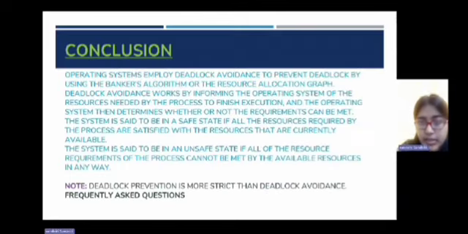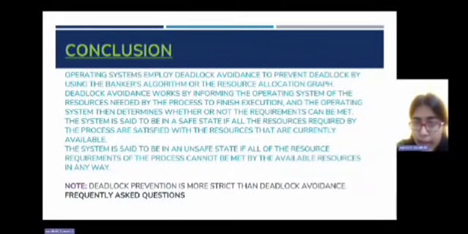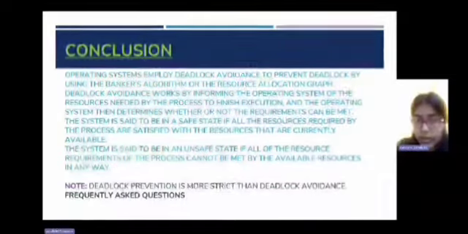So our next is the conclusion of deadlock avoidance. Operating systems employ deadlock avoidance to prevent deadlock by using Banker's algorithm or the resource allocation graph. Any of these you can use for deadlock avoidance.